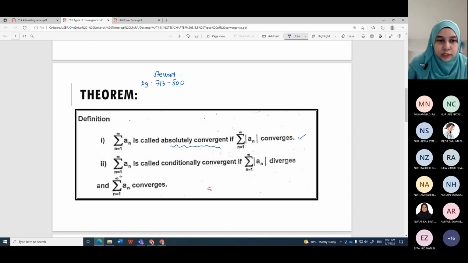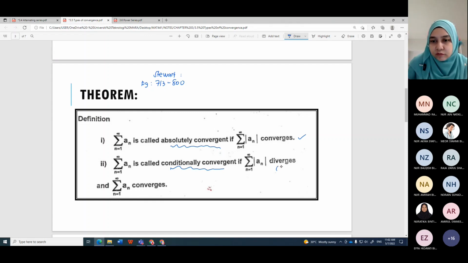Okay, then number 2, the series of an where n is equal to 1 until infinity is called conditionally convergent if the series of modulus a sub n where n equal to 1 until infinity diverge, and the series of an converge.